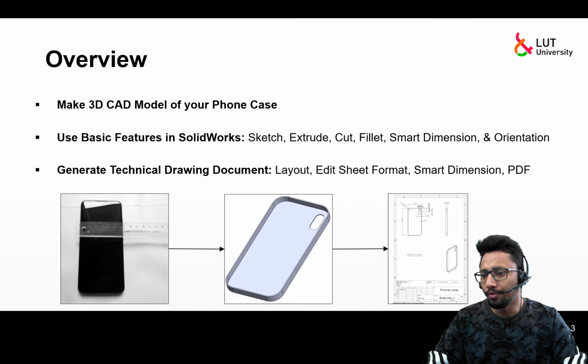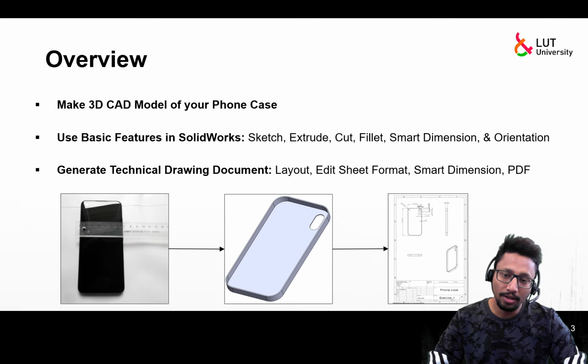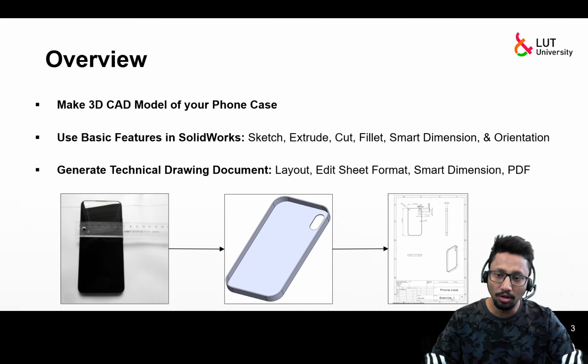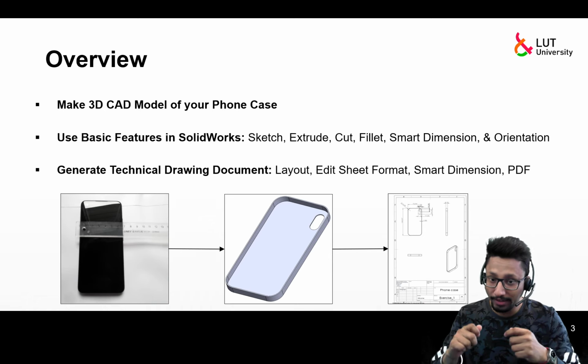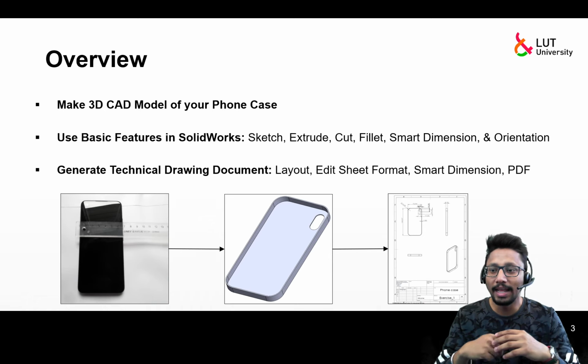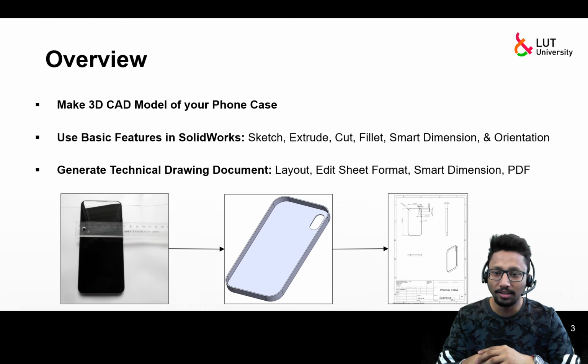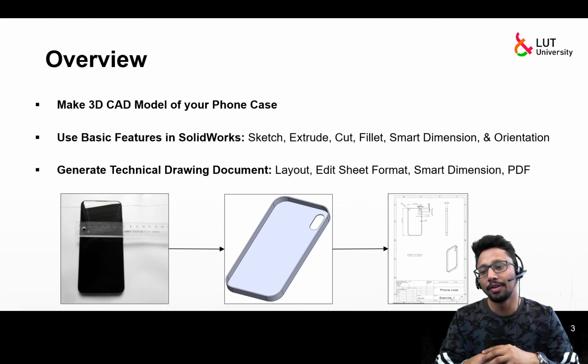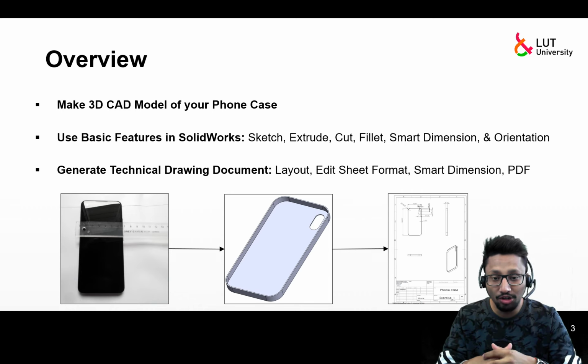So this is an overview of what you can expect from today's video. First, we are going to make a 3D CAD model of your phone case. So first we need to measure your phone and then generate a phone case from that. And in the process, we will use basic features in SolidWorks such as sketch, extrude, cut, fillet, smart dimension, and orientation.